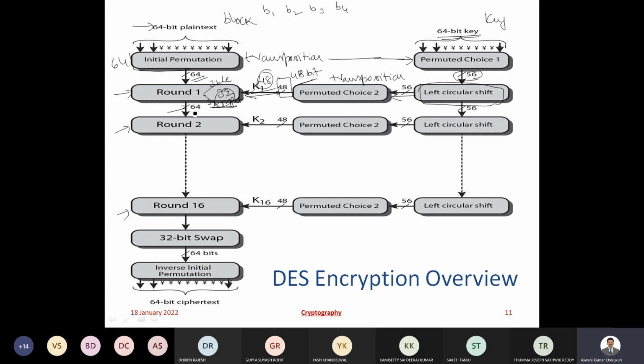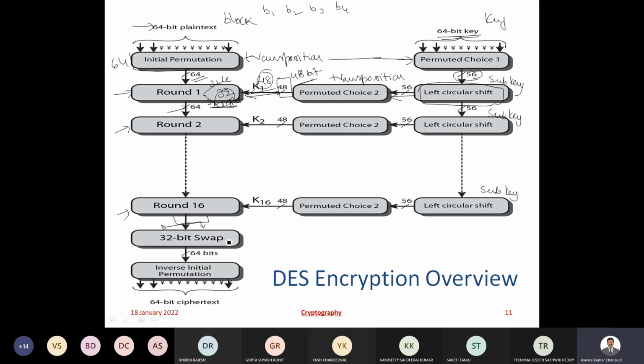Like this, we proceed further, and similarly, this is the sub key generation for the round. So it goes on, generating a sub key for each round. Finally, at the end of the 16th round, the right half goes as left and the left half goes as right, as the 32-bit swap.